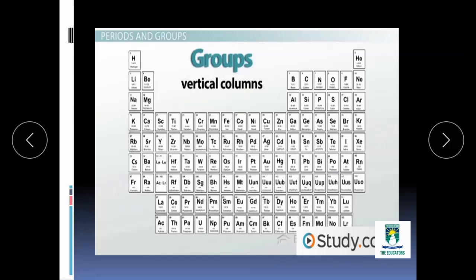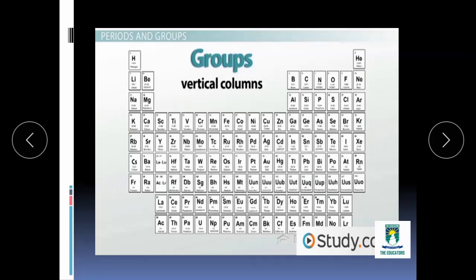Students, keep this in your mind that whenever we have to find the group of any element, we look at how many electrons are present in the outermost shell of that element. For example, if an element has 3 electrons in the outermost shell, it belongs to the third group. Lithium has 1 electron in the outermost shell, so we can say that lithium belongs to the first group.